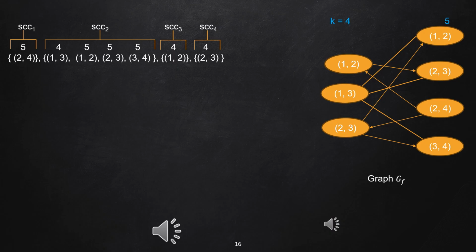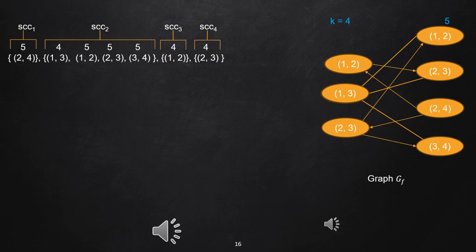And also notice 1, 3 has connections to 1, 2, 2, 3, and 3, 4 by edges. This means this group of nodes forms a strongly connected component. That means you can go from any node in this group to any other node and come back.